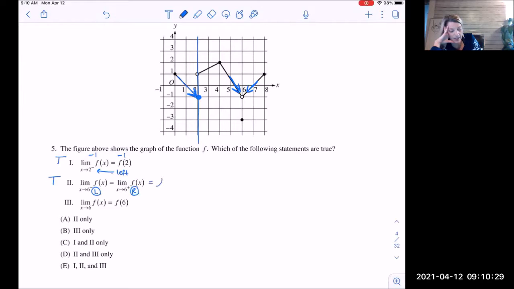And so the limit as x approaches 6, without saying left or right, which means both, of f of x is also -1. But what is f of 6? That's that point, which is -3. So this one is not true.